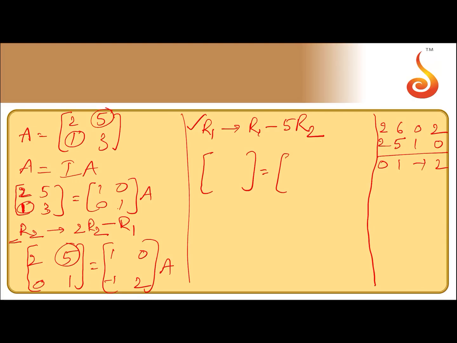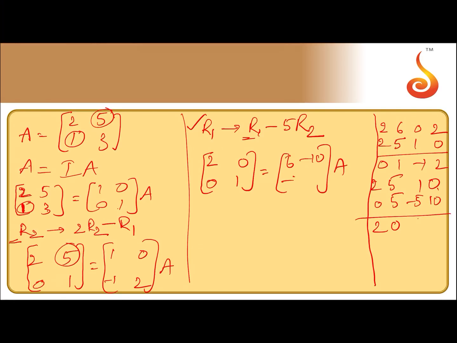R1 elements are 2, 5, 1, 0 and 5 times R2 is 0, 5, minus 5 and 10. Subtracting it, you will be getting R1 changing: 2 minus 0 is 2, 5 minus 5 is 0, and 1 plus 5 is 6, and minus 10. And the last row elements, keep them as it is: 0, 1, minus 1, 2.